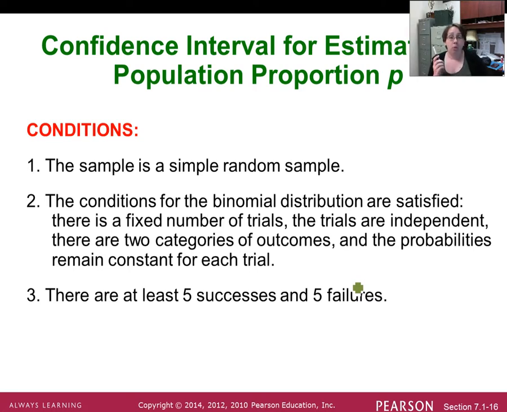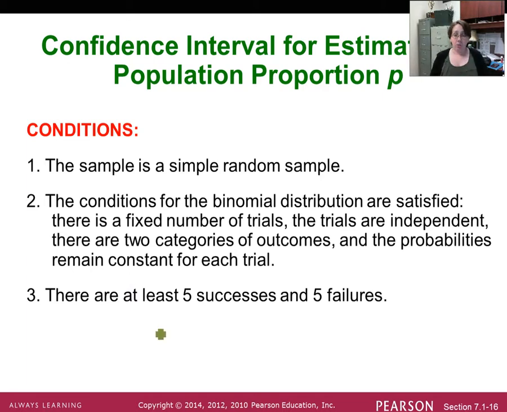So, in order to build the confidence interval we're trying to build, you need 3 conditions to be satisfied. Number 1, the sample that you're working with must be a simple random sample, meaning every single sample possible should have had equal chance to be the sample chosen. Number 2, you need the conditions for the binomial distribution to be satisfied.